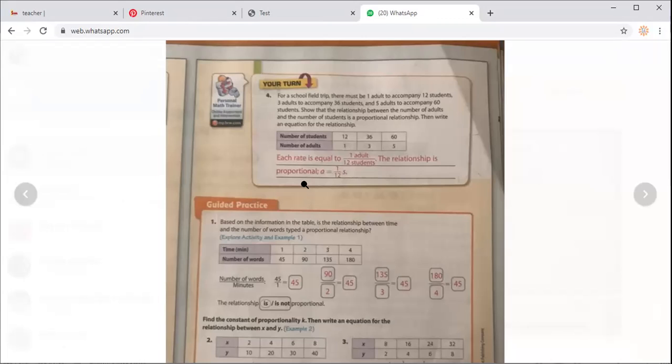Do you see this table in front of you, grade 7? Yes.